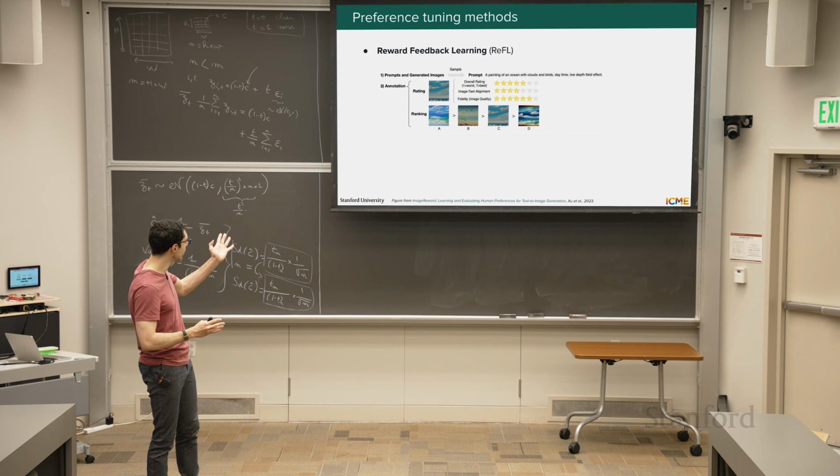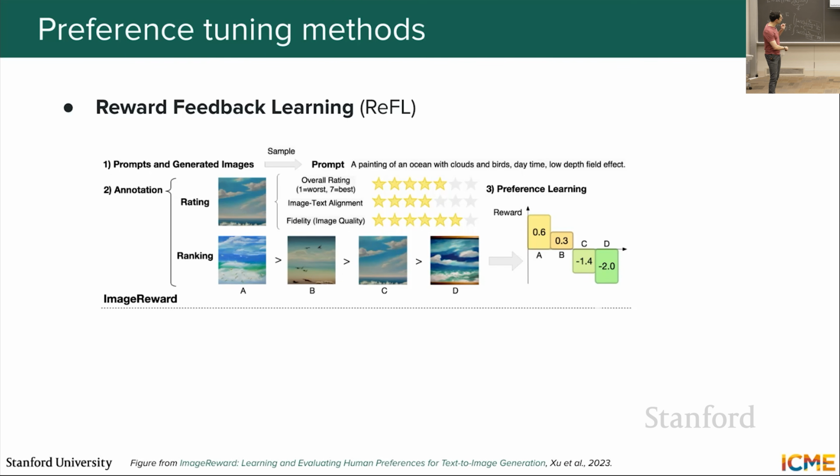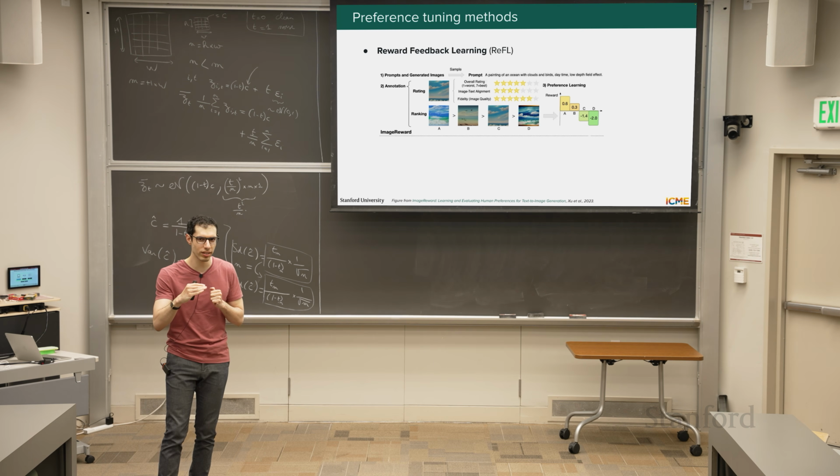So for instance, A is better than B, than C, etc. And from there, the idea is to train a reward model that takes in a prompt and an image, and that gets you a score that tells you how good that image was with respect to the prompt.